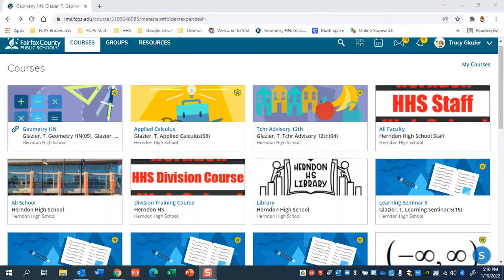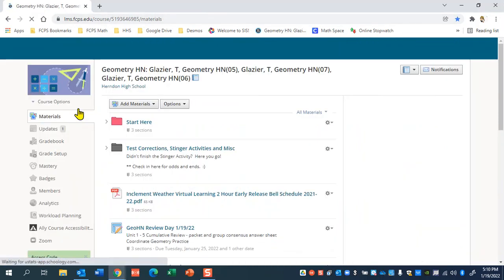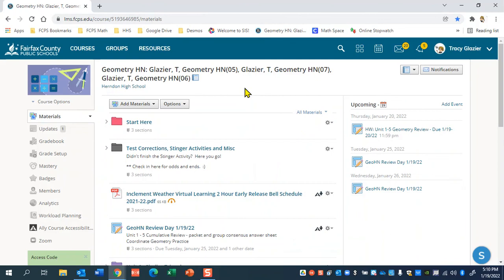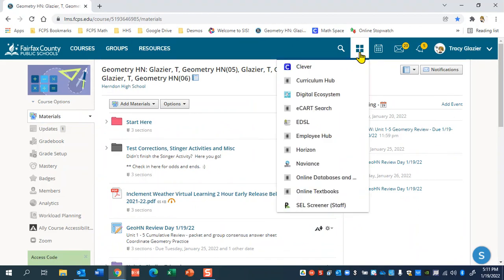All right, friends, so if you want to know more about the eCart, what I want you to do is while you're in our Schoology course, if you go up to this window here with these 4 squares, when you click on that, this is how you can access MathSpace, and this is how you can access a lot of other things that are available to you.